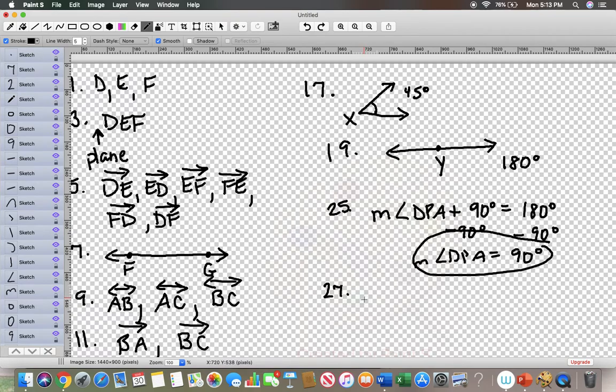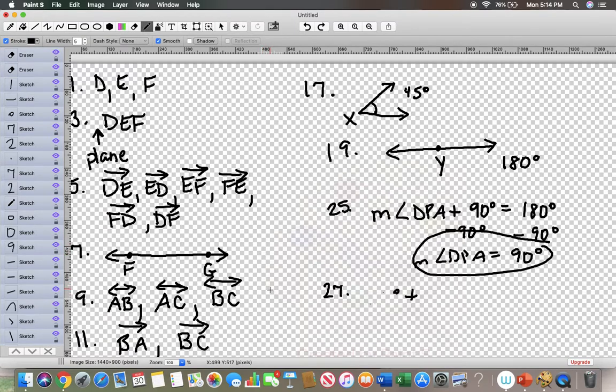So, angle APB is 27 degrees. Actually, you know what? We don't have to use that 27 degrees. We can just look at angle CPA. Are y'all with me?